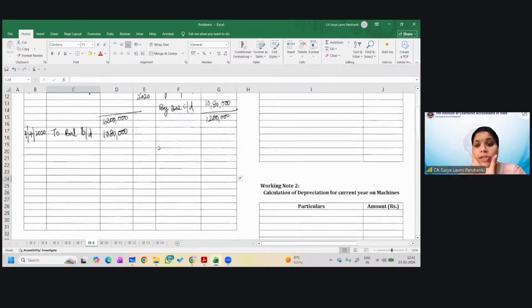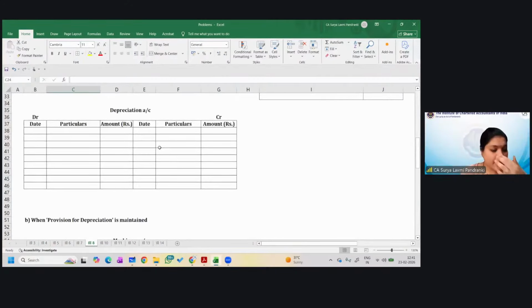I'm also doing the depreciation account along with this. In depreciation account, what will be coming up? 31st March 2020 to machinery account 1,20,000, and 31st March 2020 by P&L account 1,20,000.